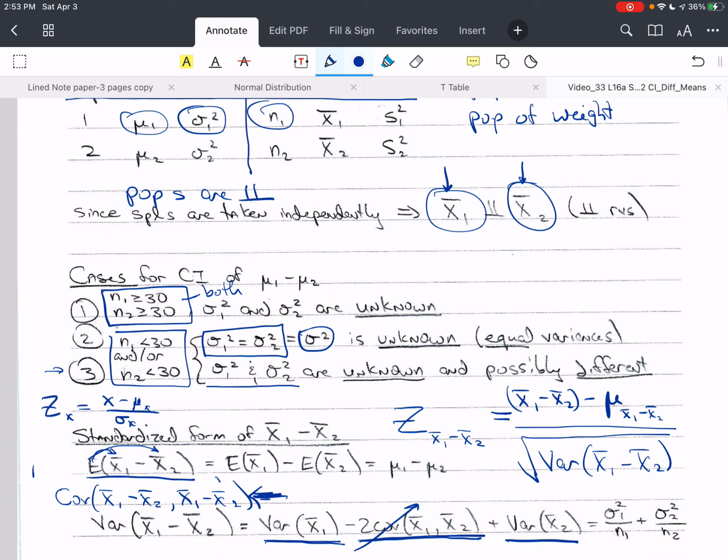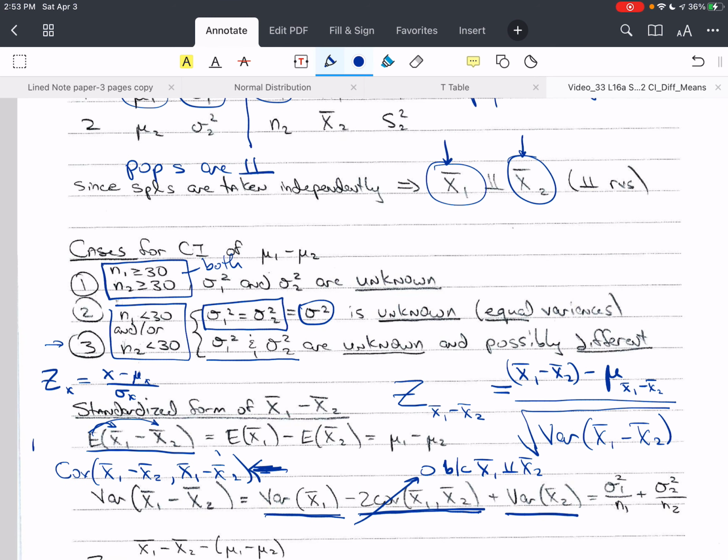This covariance quantity is 0 because x bar 1 is independent of x bar 2. So that means their covariance is going to be 0. And so we're left with the variance of x1 equal to sigma 1 squared, and the variance of x2 equal to sigma 2 squared.